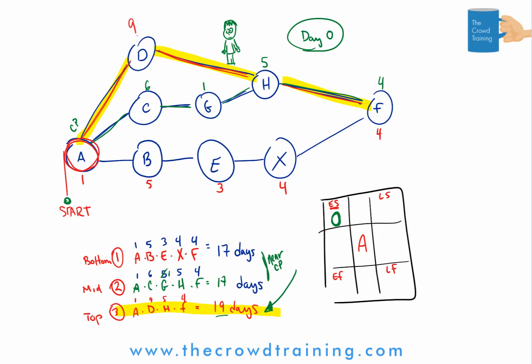Now, the next question is, when's the latest it can start? Well, there's not really much wiggle room, is there? I'll say that because if you look, yes, it's on this path going down the bottom, but it also is part of the critical path. And if you, as the project manager, are worried about keeping the time constraint of the 19 days, you need to ensure that everything on the critical path is getting done in the time that it's estimated.